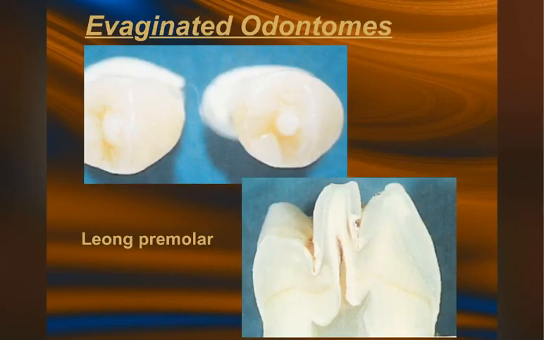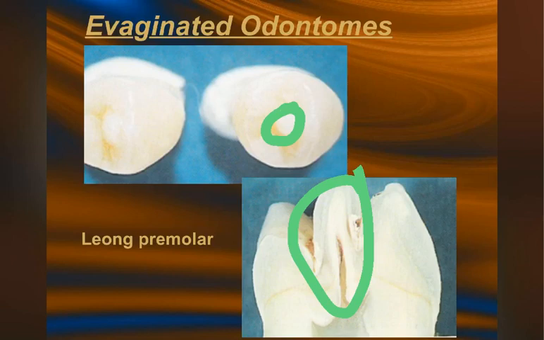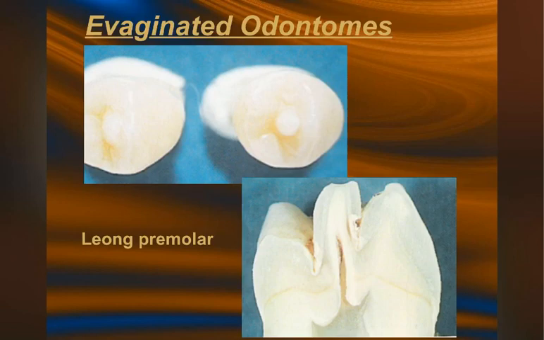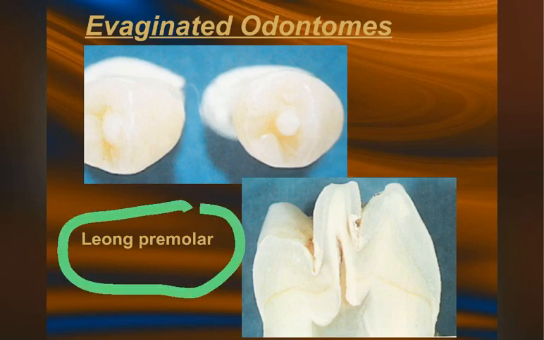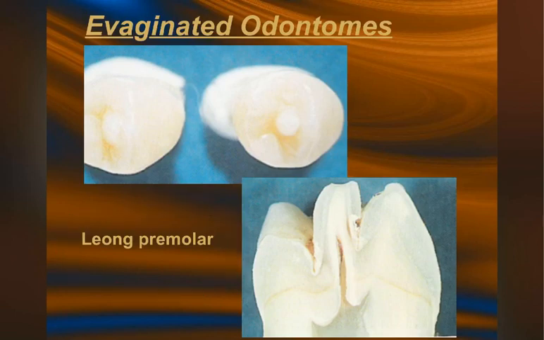The opposite is evaginated odontomes, so we have extra structure. It's evaginated to the outside of the tooth. This mostly takes place in premolars. That's why it's called dens evaginatus, also called premolar odontomes.